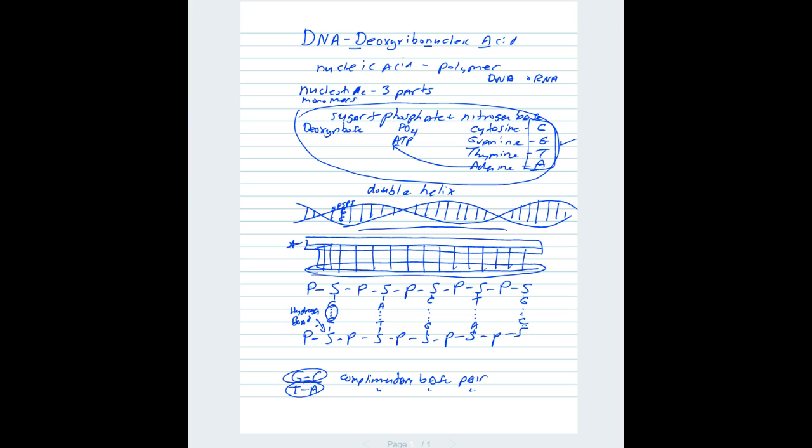Maybe an A there and a T there. So the nitrogen bases bond to the sugars and not the phosphates. And the backbone of the double helix model is actually an alternating sugar-phosphate arrangement. So that's the structure of DNA.